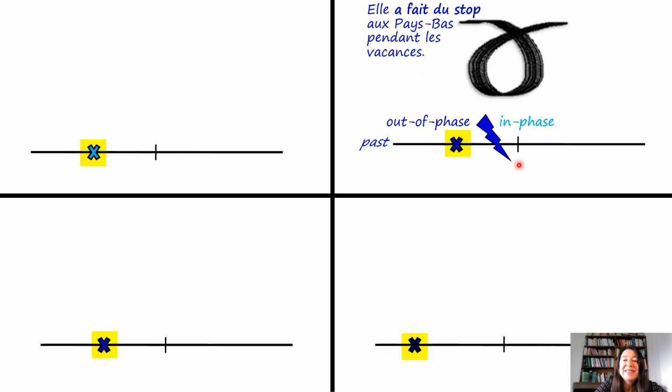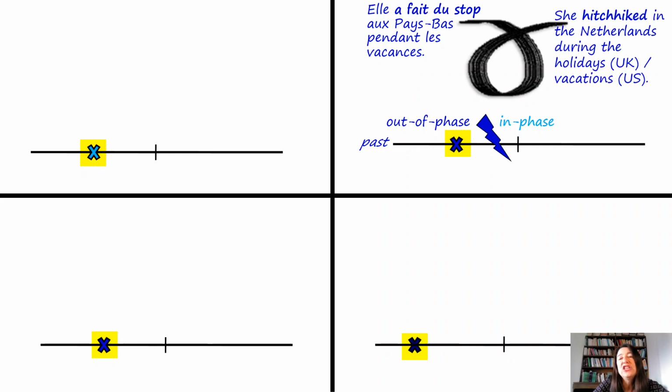Therefore, it is this out of phase way of looking at the past action that I want to express. And to do that, I'm going to need to use the past tense. And the translation will be, she hitchhiked in the Netherlands during the holidays or the vacations in the States. So that's a first way of looking at a past action.